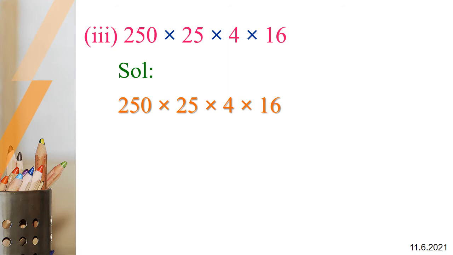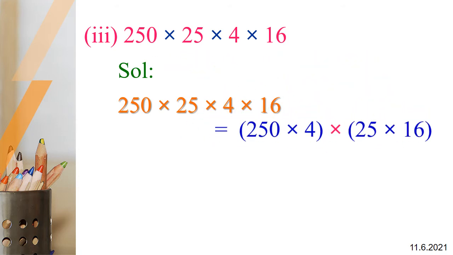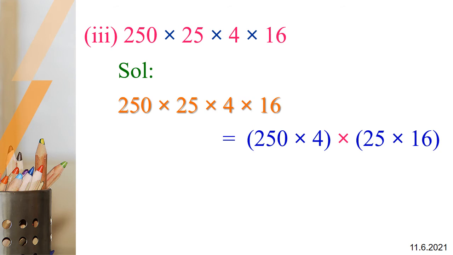So here, if we multiply 250 and 4, we get 1000. So we multiply the first 250 and 4 and then multiply 25 and 16.